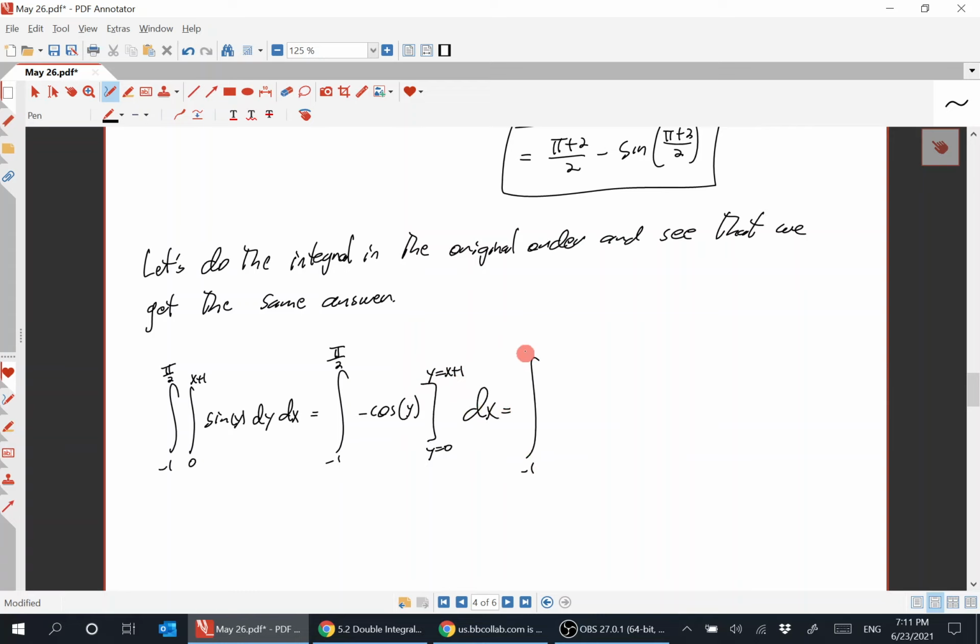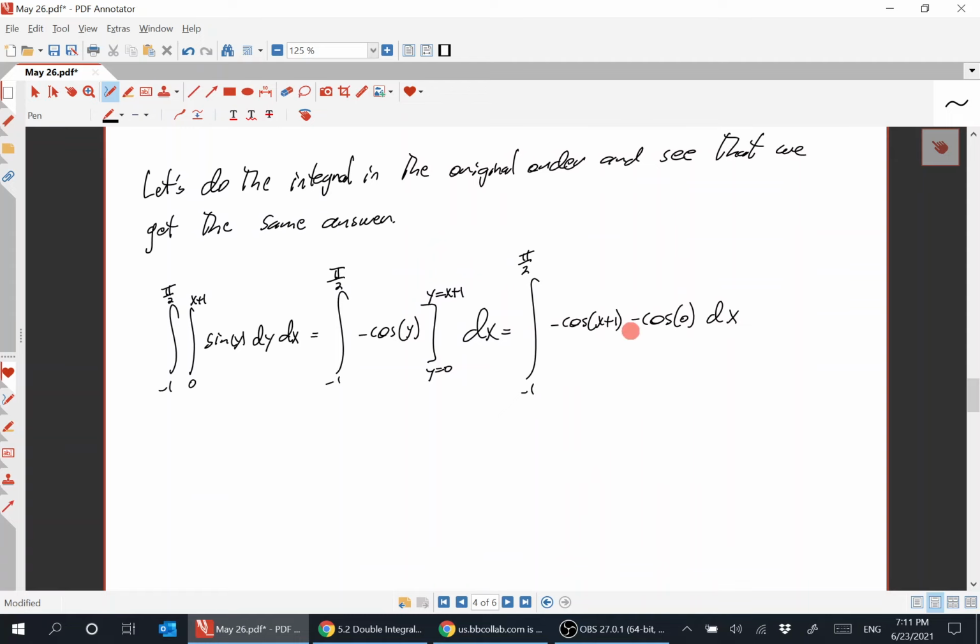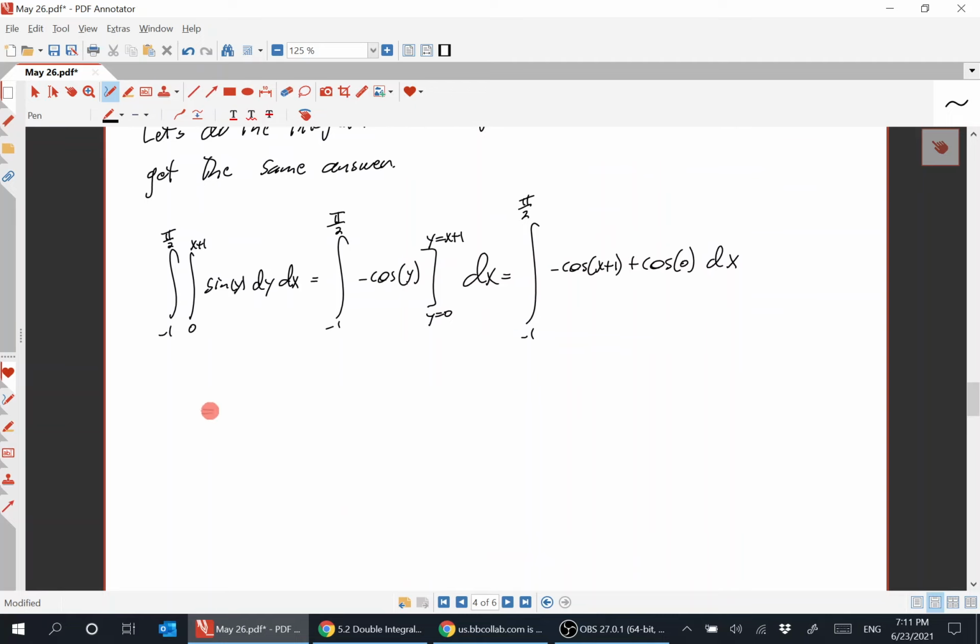So we have the integral from minus 1 to pi over 2. It's minus cosine of x plus 1, minus cosine of 0. No, it becomes plus. Minus cosine of 0 is plus. So that becomes 1 minus cosine of x plus 1. The antiderivative is x minus, the antiderivative of cosine is just sine, sine of x plus 1, from minus 1 to pi over 2.